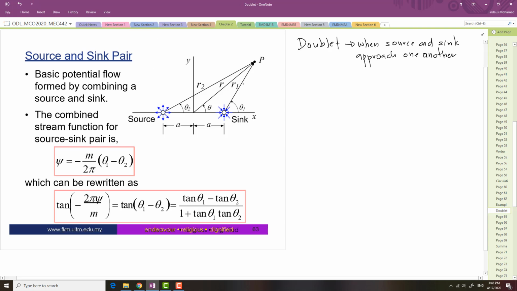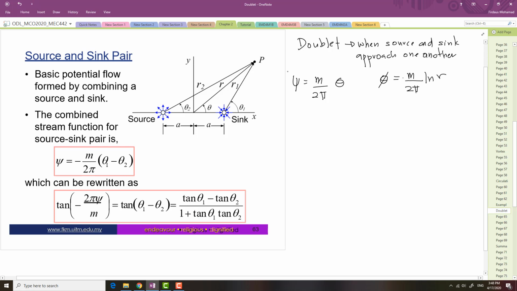Okay, so recall that for the source and sink, psi, the stream function, equals m over 2 pi theta, and for the velocity potential, phi equals m over 2 pi ln r.